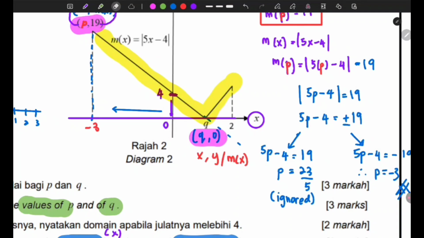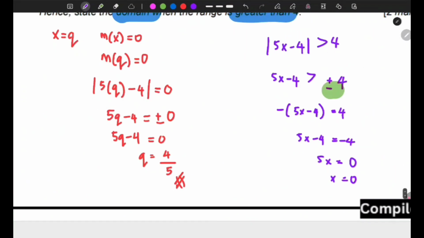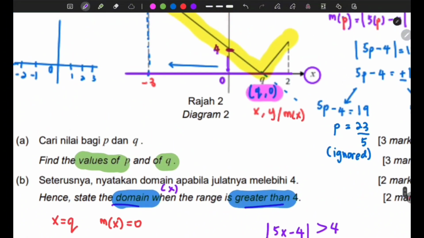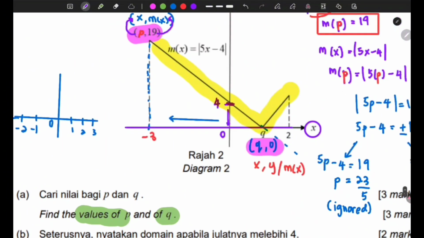So they ask the range that is range for greater than 4, the domain. So domain is the x side, so when it is 4, it is 0. The domain is 0. So your domain must be in between of these two, right? -3 and 0, which is this part.